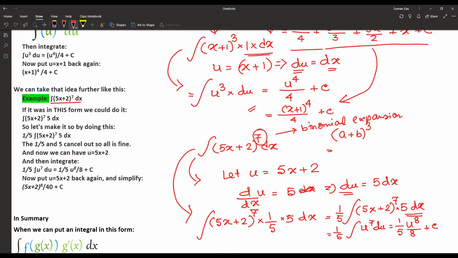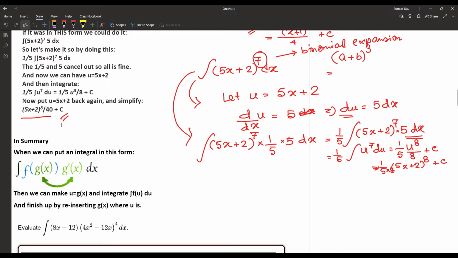Now as u is equal to 5x plus 2, we may write the answer like 1 by 5 of (5x plus 2) whole to the power 8 divided by 8 plus integration constant. The final answer: 5 into 8 is equal to 40, so we may write it like (5x plus 2) whole to the power 8 by 40 plus integration constant.